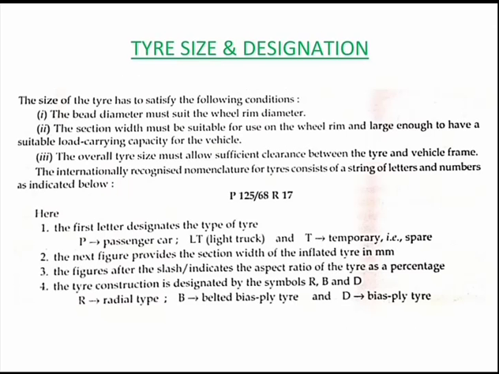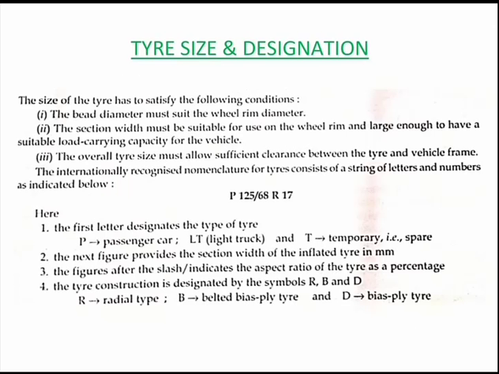The next figure, 125, is the section width of the inflated tire in mm. The figure after the slash, 68, is the aspect ratio of the tire as a percentage. What the aspect ratio is, we will study in a later class.